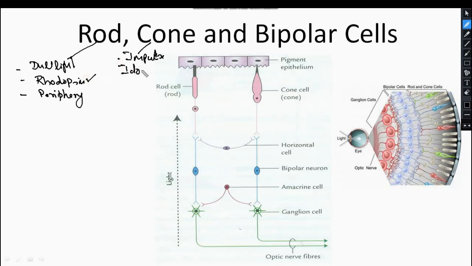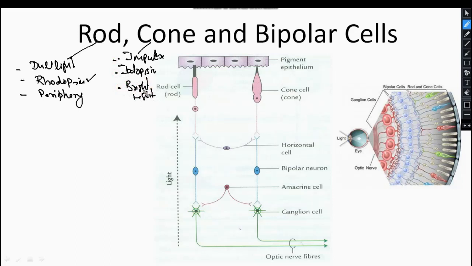Rhodopsin in the rods and rhodopsin in the cones. Remember, it is often asked in MCQs. They are sensitive to bright light.